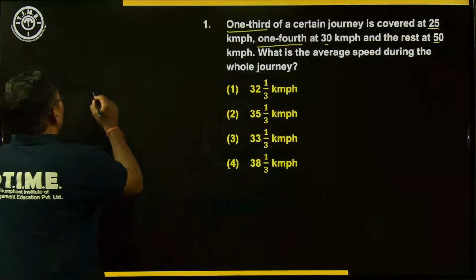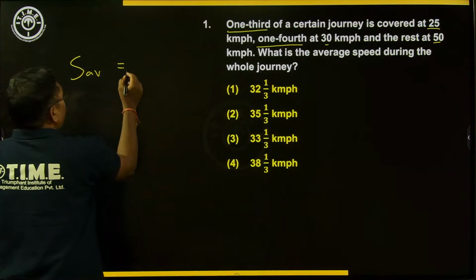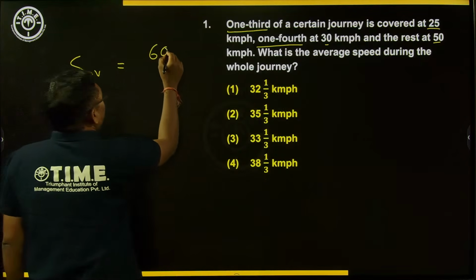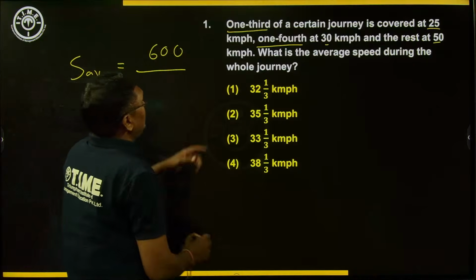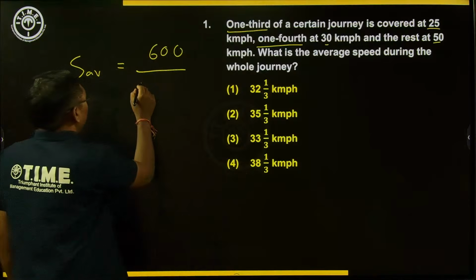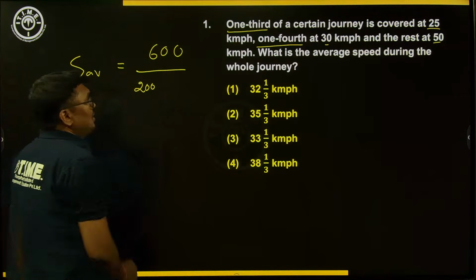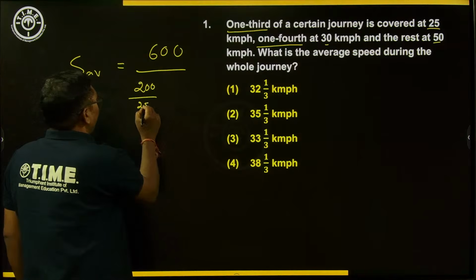Average speed is given by total distance by total time. Total distance we are assuming 600. So in this 600, one third means how much? One third of 600, that is 200. So this 200 kilometers is covered at a speed of 25 kmph, right?